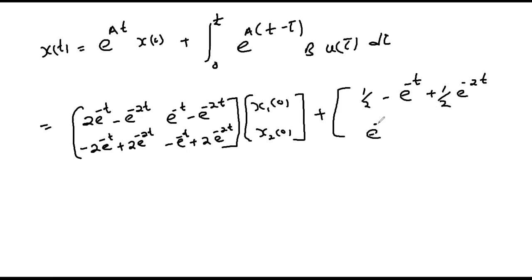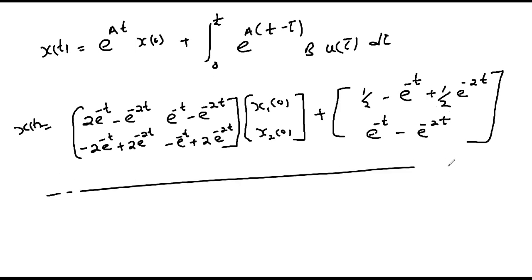And this is exponential negative t minus exponential negative 2t. And this becomes the time solution of our given state equation.